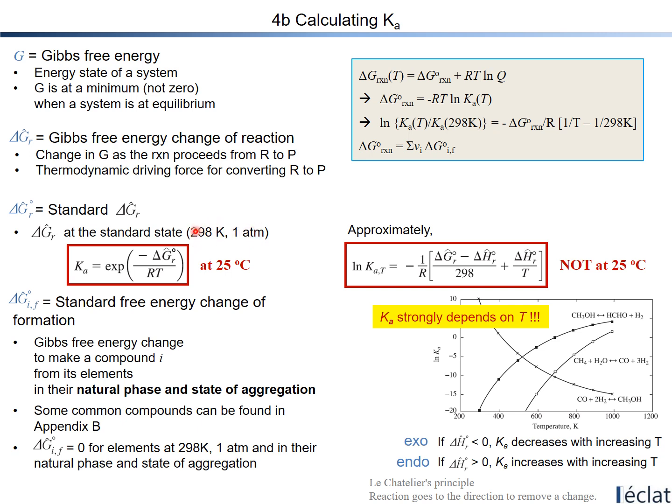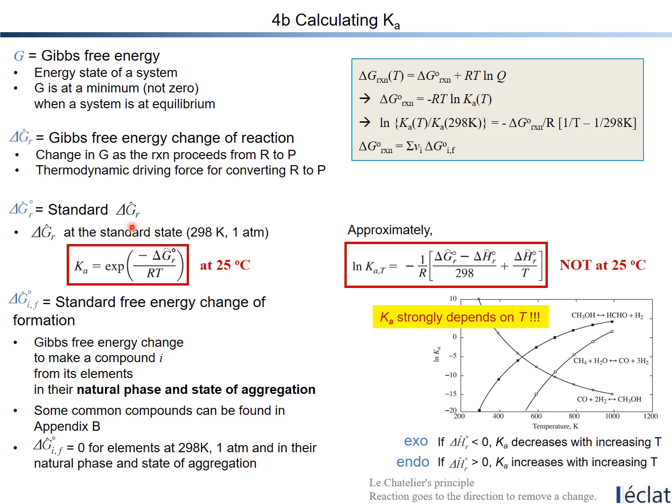Anyway, the Gibbs free energy change of reaction with this circle indicates the standard Gibbs free energy of the reaction at the standard state, this condition. So right now we have the Gibbs free energy change of reaction and also its standard state version.